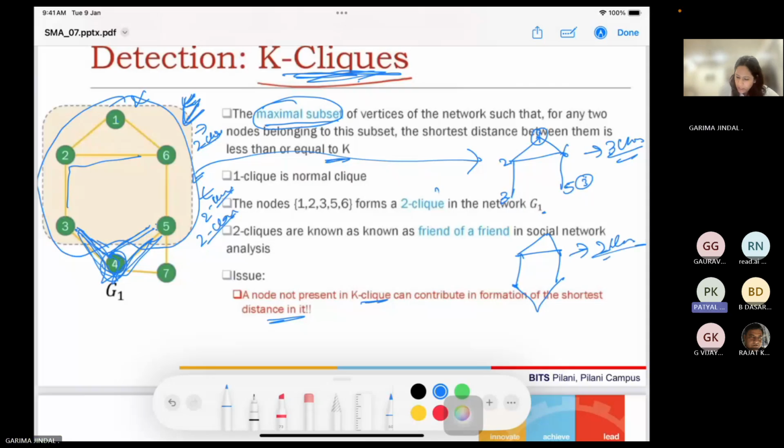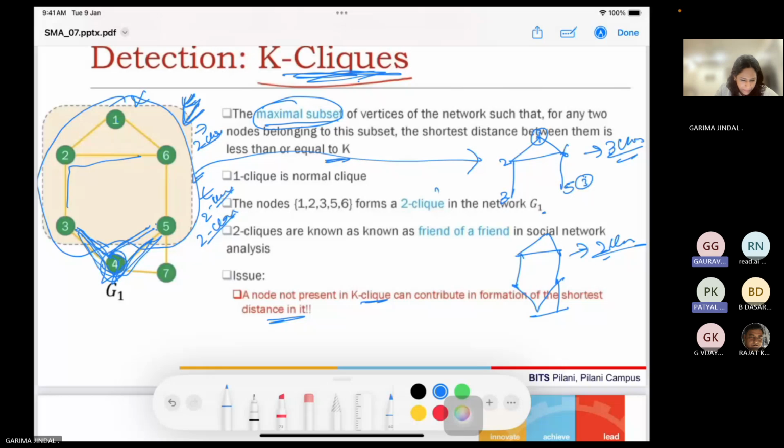Right. Okay. So now let us also try and add 7 as well. If we have 7, from 3 to 1 it is 2, so I think it should be 2 clan only. Am I right or wrong?